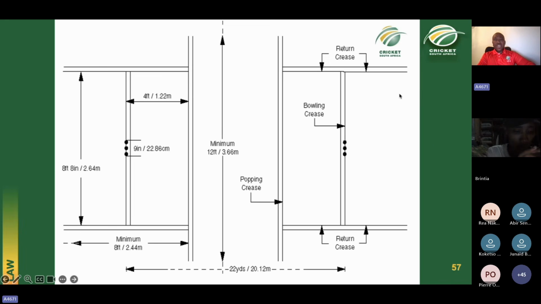Okay, in some countries, I think the West Indies, and maybe I've seen it in Sri Lanka as well, they do have dotted lines to show the end of the pitch.